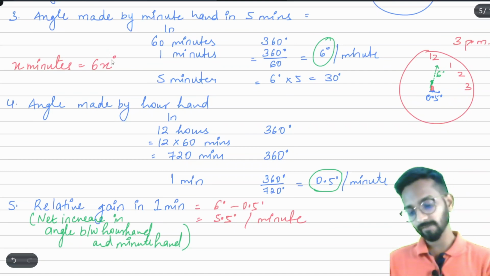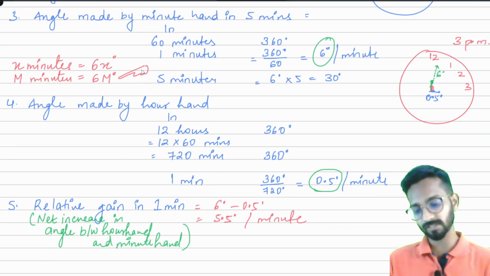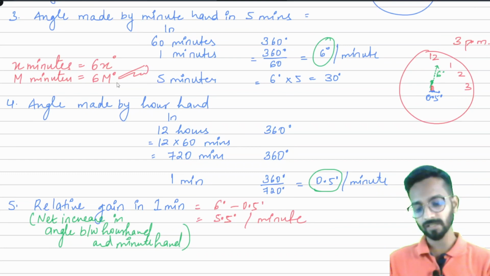Simple enough. What if I tell you m minutes? You will say, sir, simple, you have just changed the variable, it will become 6m degrees. This becomes very important for us because many questions are related to this. So the angle made in m minutes will be 6m degrees. This is the thing we have to remember.